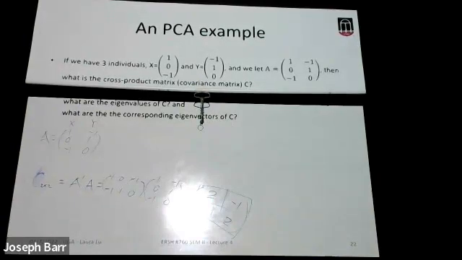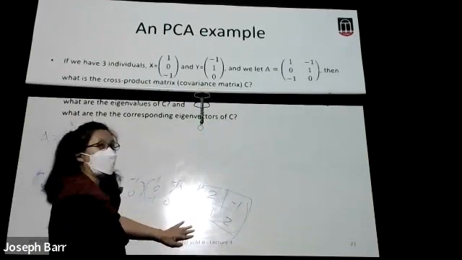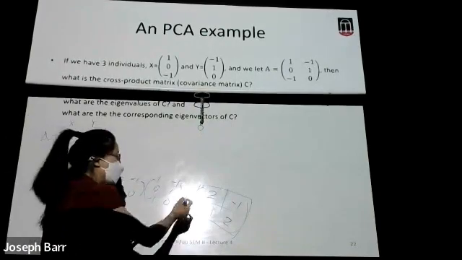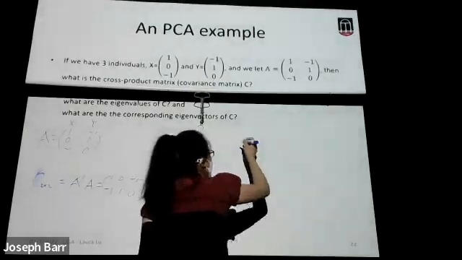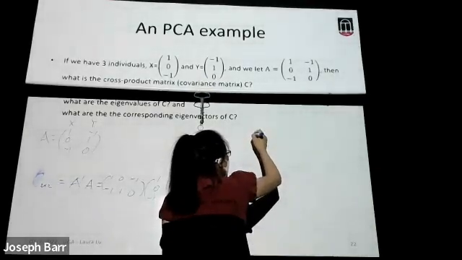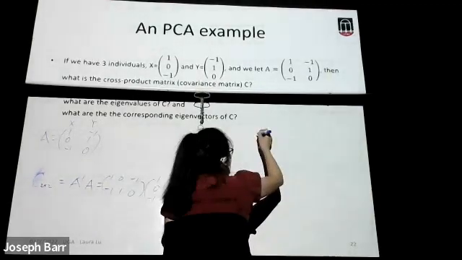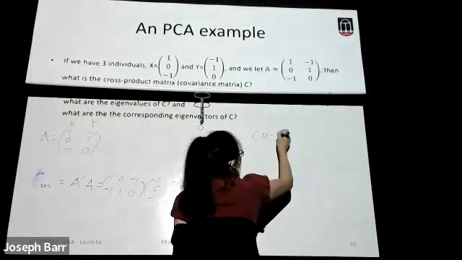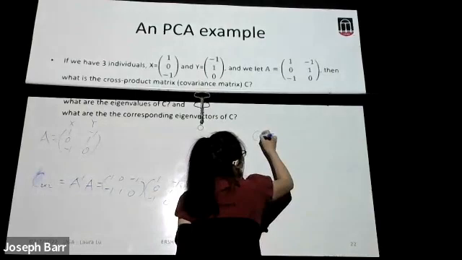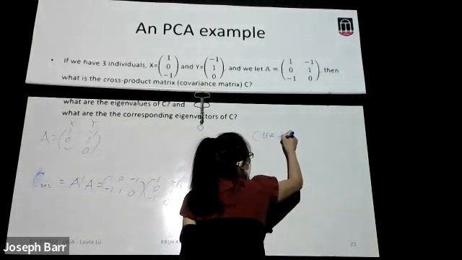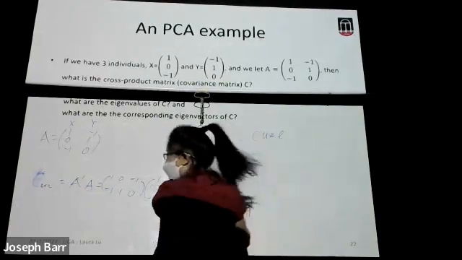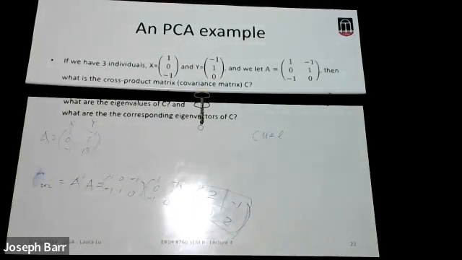It's much easier. What are the eigenvalues? How do we calculate the eigenvalues of this matrix? Think about the eigenvalue definition. Here we have C times u equals some eigenvalue. Usually we use lambda to show the eigenvalue.